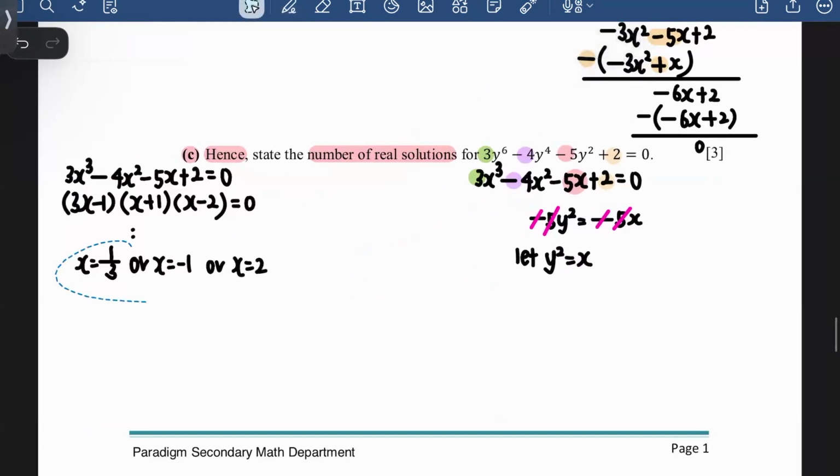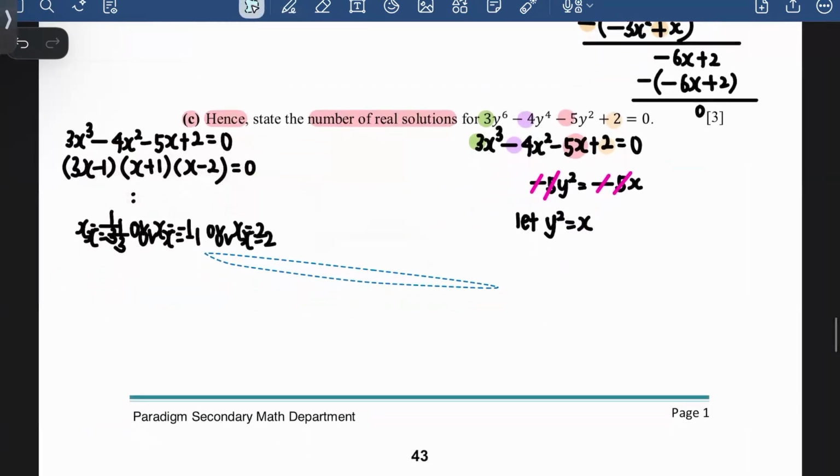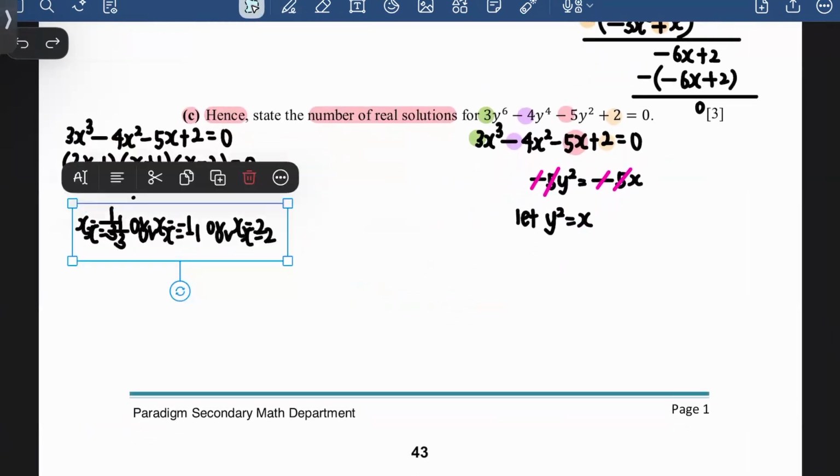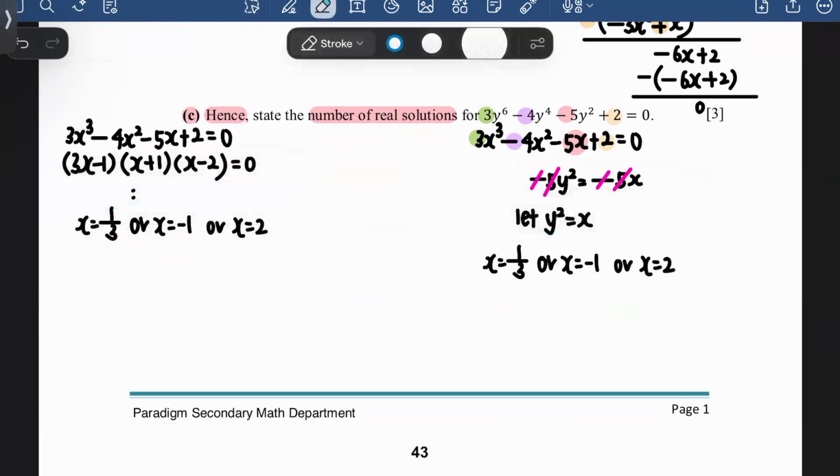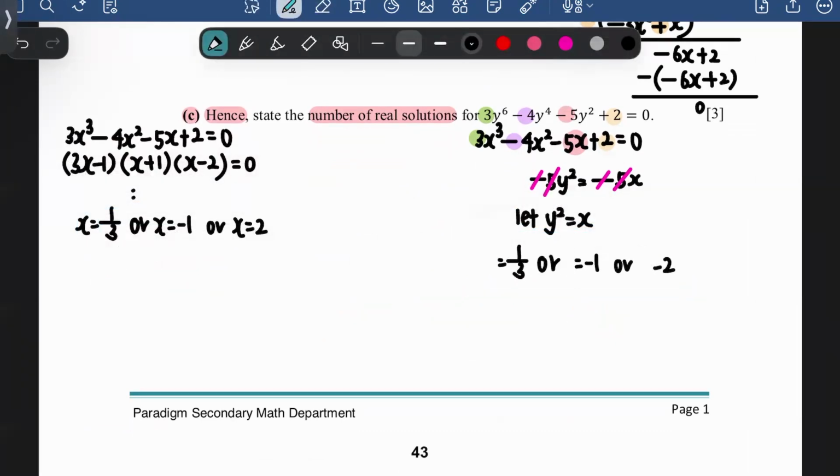Just now, this one was all x that you're supposed to solve, but now you're going to replace. Change, change, change. So this is y squared, this is y squared, this is y squared. Okay, y squared equals 2 like that.